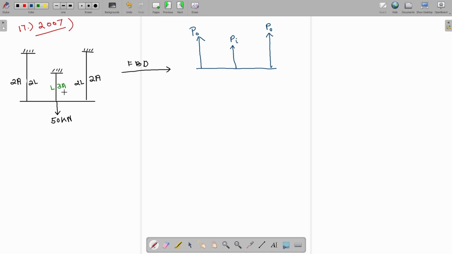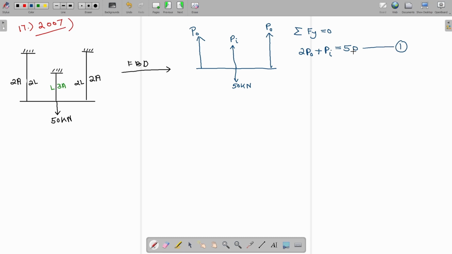The load of 50 kilonewton is acting downward. Now, from here we can write that the summation of vertical forces acting on the body is 0. So we write 2 PO plus PI is equal to 50. Say this is equation 1.